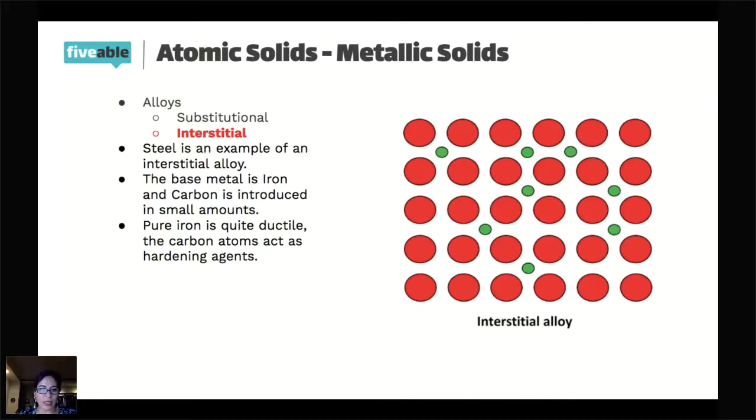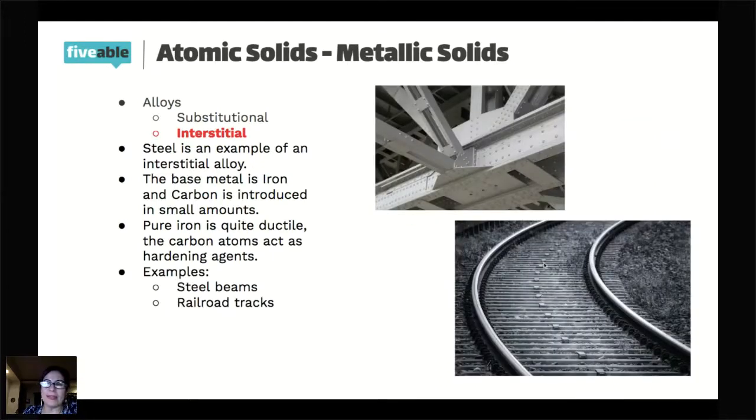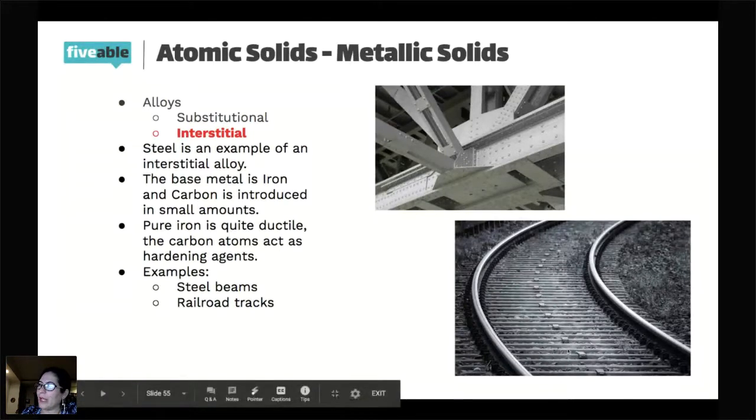But by introducing carbon to this iron, it increases its hardness. It's not as malleable. It is used, for example, in steel beams when what you want is the strength because you want it to support a lot of weight. And also, for example, in railroad tracks.